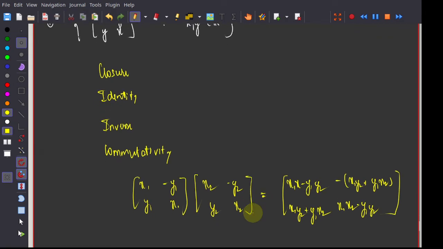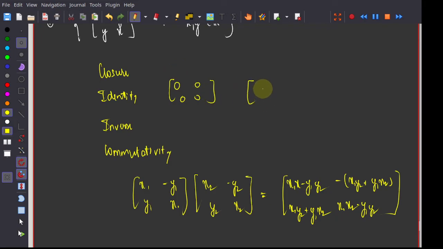Okay. What is the identity element? What is the additive identity? All zeros. So this is of this form.